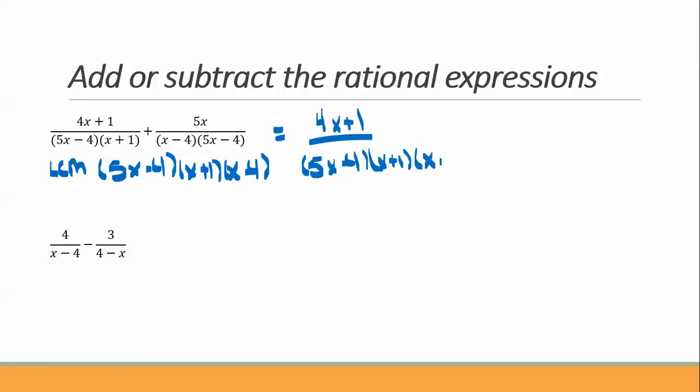We need to multiply both numerator and denominator by x minus 4 over x minus 4. Again, let's remember to put our parentheses in so we remember that we have to multiply the whole thing out, not just part of it.